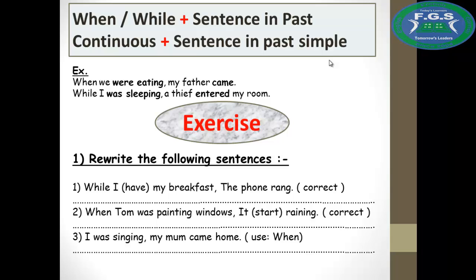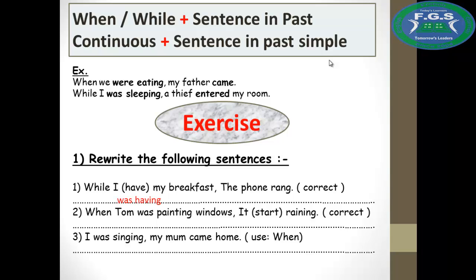Okay, let's do our exercise. Okay, number one, rewrite the following sentences. Number one, while I blank my breakfast, the phone rang, and we have the correct one. What will be the answer?